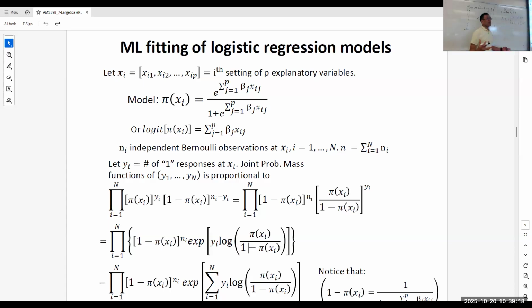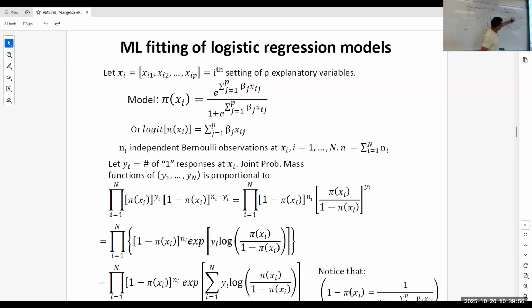So this is the discrete binary Bernoulli case. If yi equals 1, we get probability pi i, and 1 minus pi for yi equal to 0. To put them together, the density function is just pi i to the power of yi, times 1 minus pi i to the power of 1 minus yi.